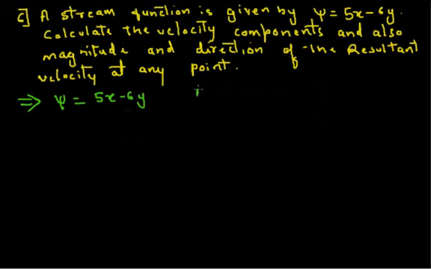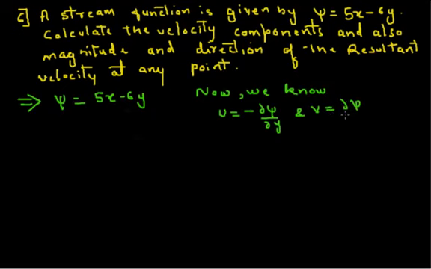Now by the property of psi function we know that u is equal to minus del psi by del y and v is equal to simply del psi by del x. So this is the property of psi function. We will use it to find u and v.